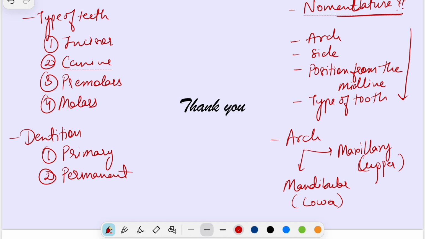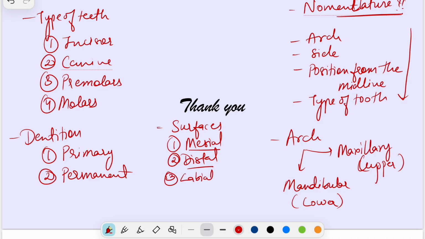Okay, then we learned about the specific surfaces of a tooth. So the surfaces are mesial surface and distal surface. The mesial surface is towards the midline, distal is away from the midline. Labial or the buccal surface, the one that is facing the mucosa of the lip or the mucosa of the cheek.